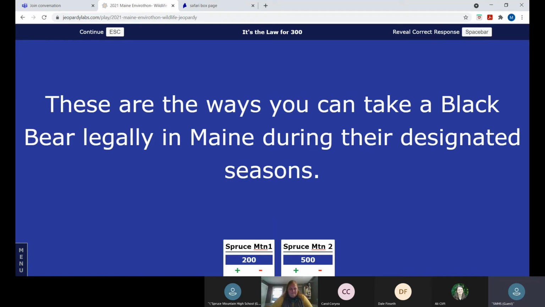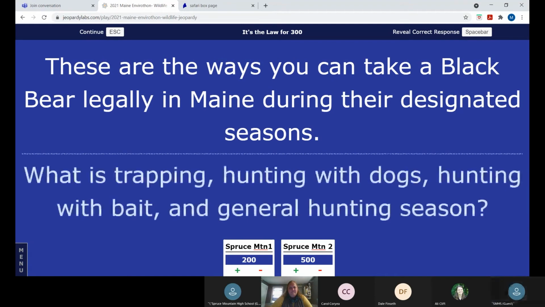Regular hunting with firearms. And there's one more. Oh, baiting. Sorry, baiting. There you go. Trapping, hunting with dogs, hunting over bait, and then the general hunting season, which is with the gun and archery. I'll give you the points for that one. Good job.